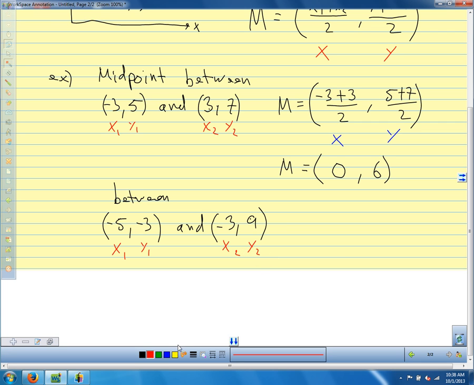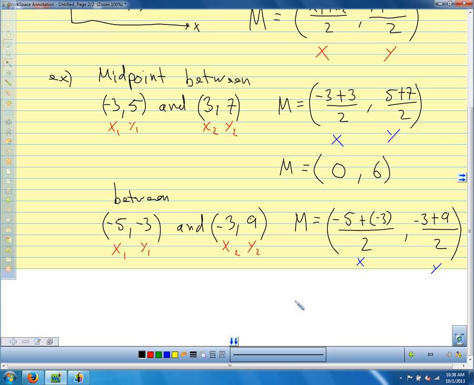Keep track of what's going on here. And plug into my midpoint formula. Midpoint is x1 plus x2, negative 5 plus negative 3, divided by 2. That's my x. And y1 plus y2, negative 3 plus 9, divided by 2. That's my y.